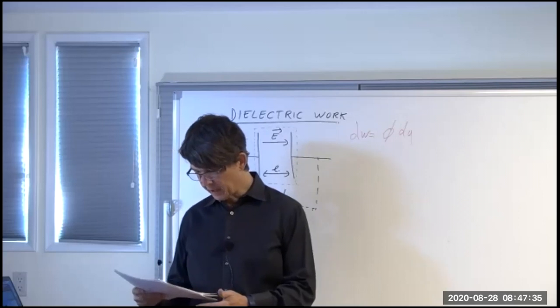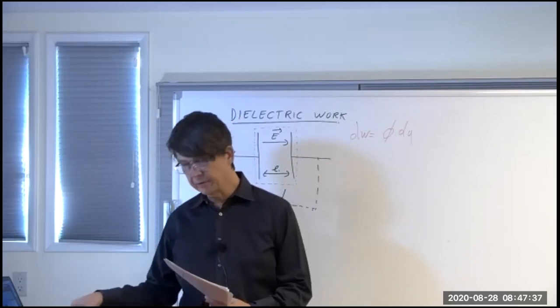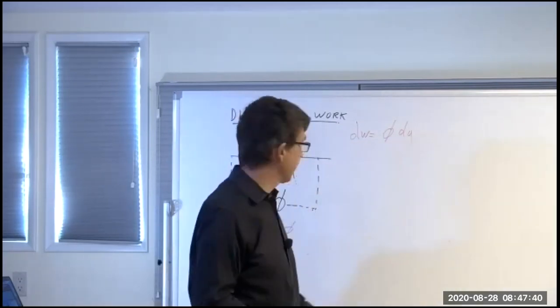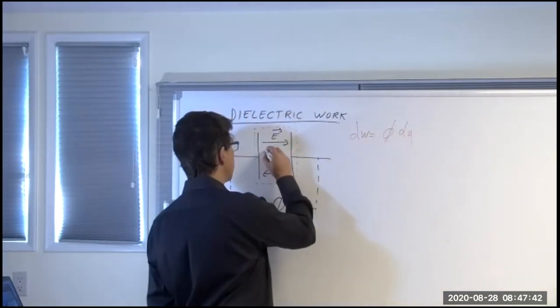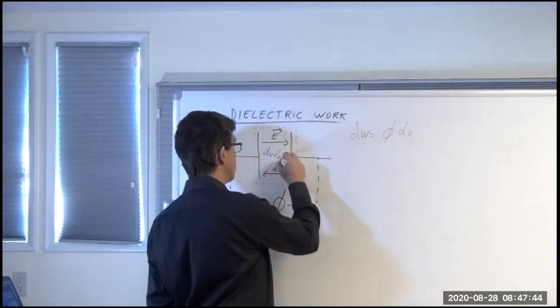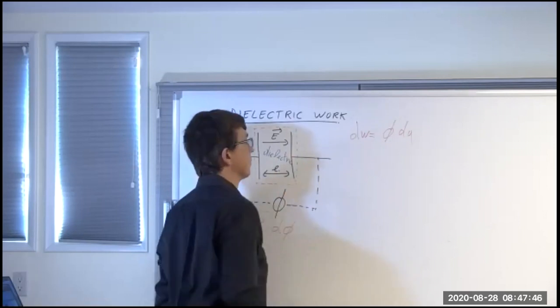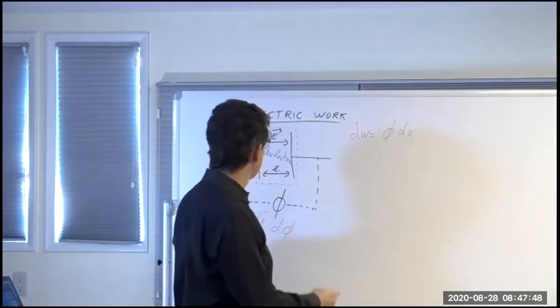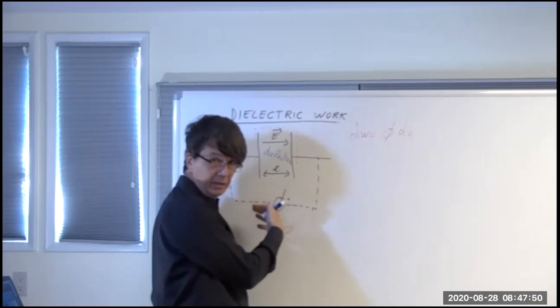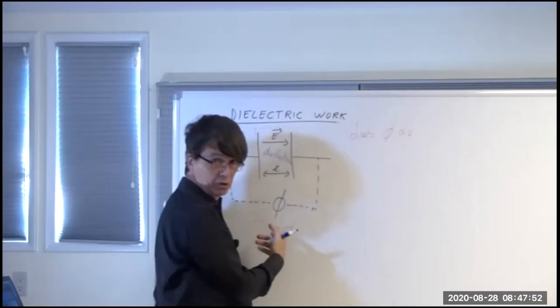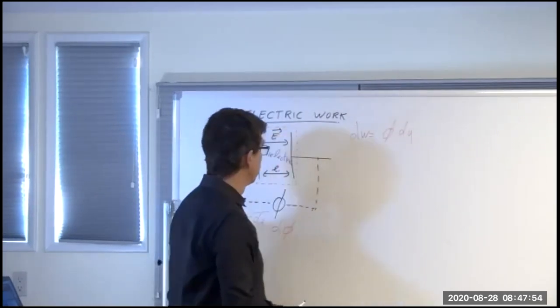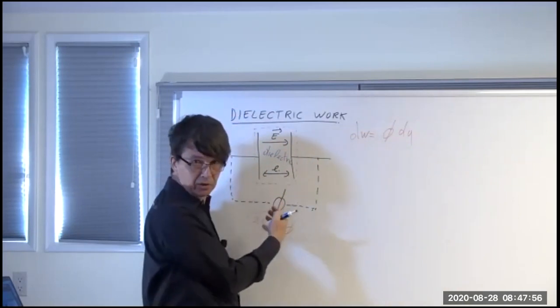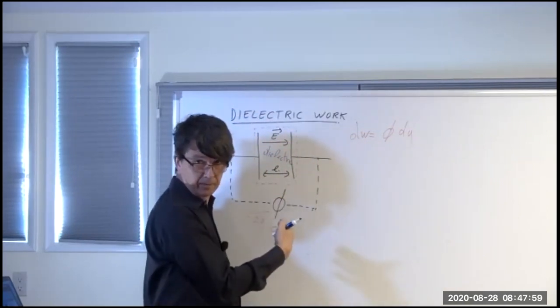But if I now take an internal perspective, and I actually look at the dielectric itself, I move my system boundary inside, so I actually don't see the charge flowing. Then I'm going to see things like changes in electric field, right?